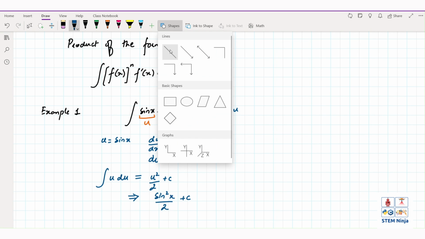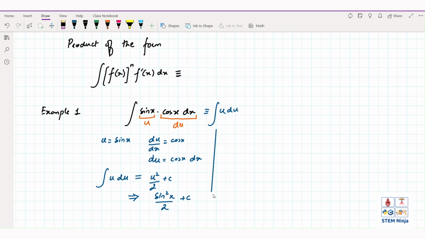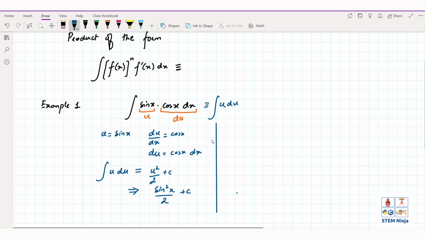In this case it was easy because the power was 1. Let's try with u equal to cos x also. If u is equal to cos x, then du would be minus sine x dx. Absolutely fine. The only thing missing is the minus sign over here.